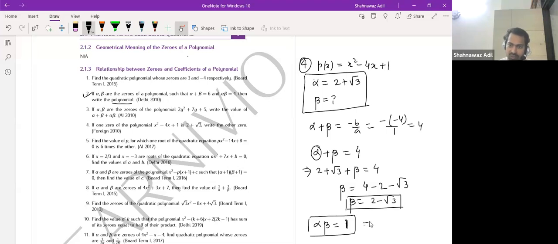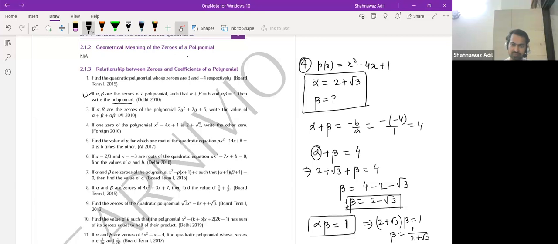So alpha is 2 plus root 3, and alpha into beta equals 1. So beta is 1 by 2 plus root 3. So is this equal to the other beta we found?